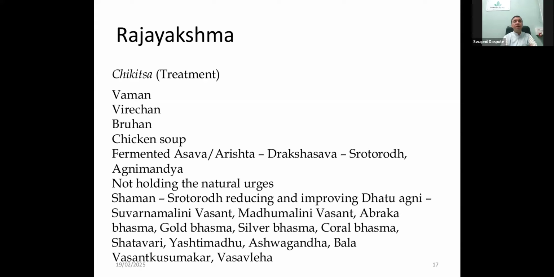If the patient is very strictly vegetarian, like the last patient we saw for Rajayakshma, he was a strict vegetarian all his life. To an extent, he used to say, do not give me any medicine which contains anything non-vegetarian, any ingredient also.